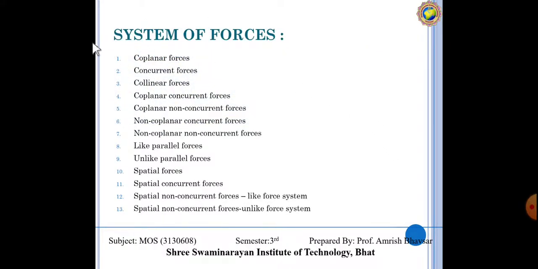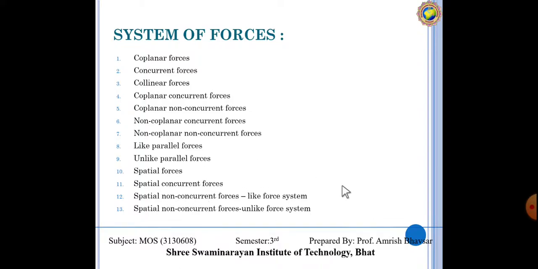System of forces, this is most important. Coplanar forces, concurrent forces, collinear forces, coplanar concurrent forces, coplanar non-concurrent forces, non-coplanar concurrent forces, non-coplanar non-concurrent forces. Then like parallel forces and unlike parallel forces.